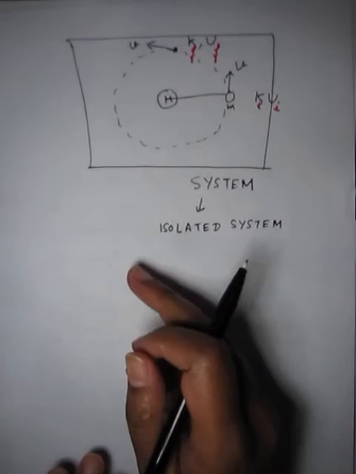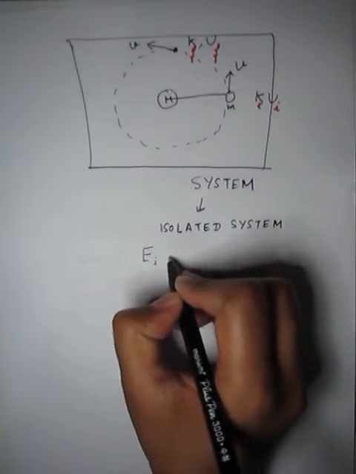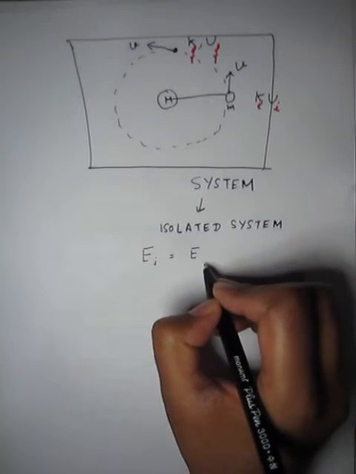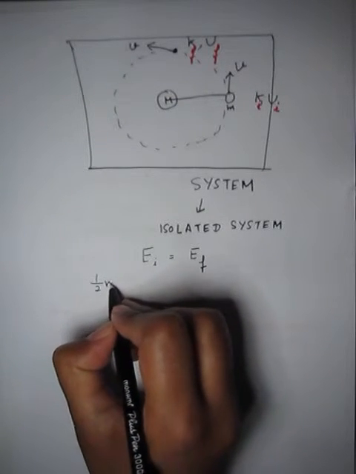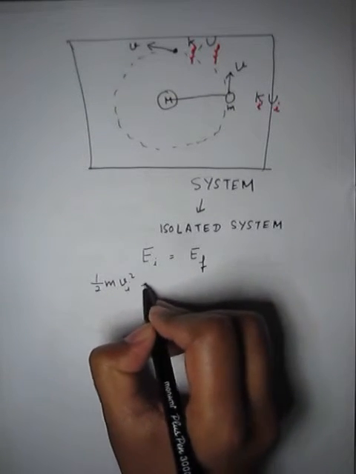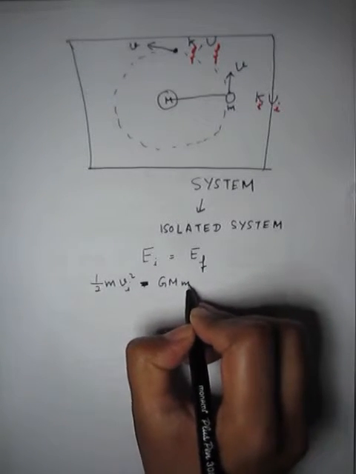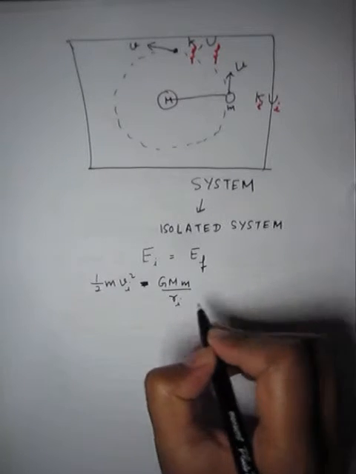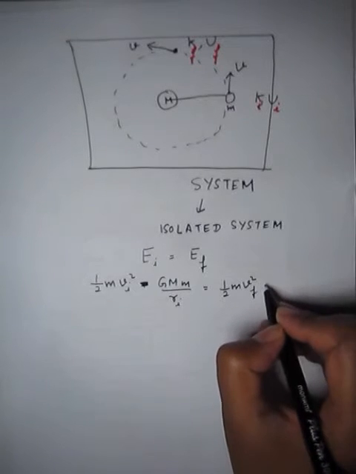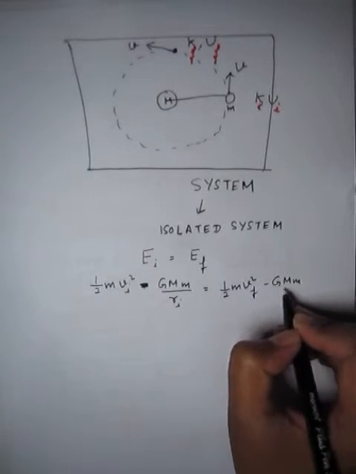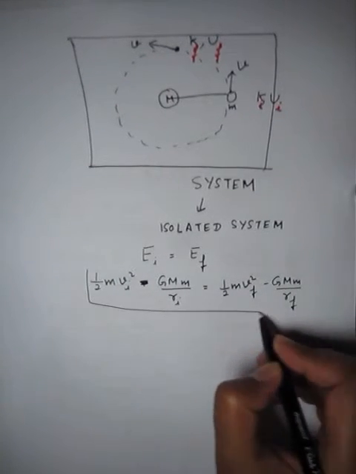Then, because it is an isolated system and there is no external force acting on the system, we can say the total initial energy will be equal to total final energy. So we can write 1 upon 2 small m vi squared minus capital G capital M small m divided by Ri will be equal to 1 upon 2 small m Vf squared minus capital G capital M small m upon Rf. So this is a very general equation.